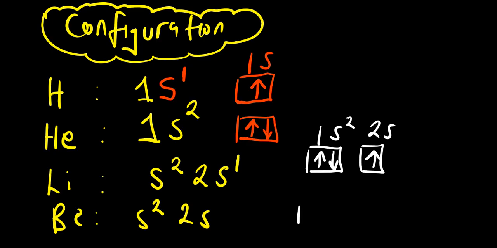So all of them will just be filled like that. This is the first, this is the second. This one fills, you come to the next one, this one fills like that.